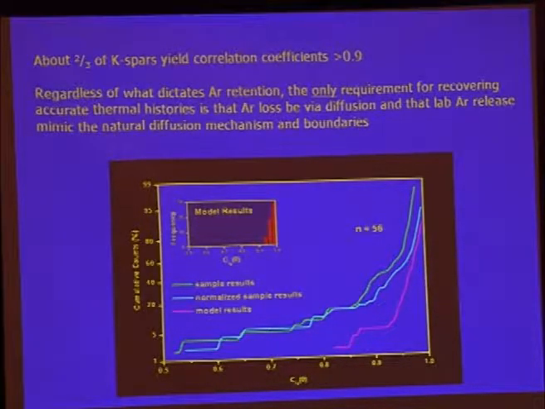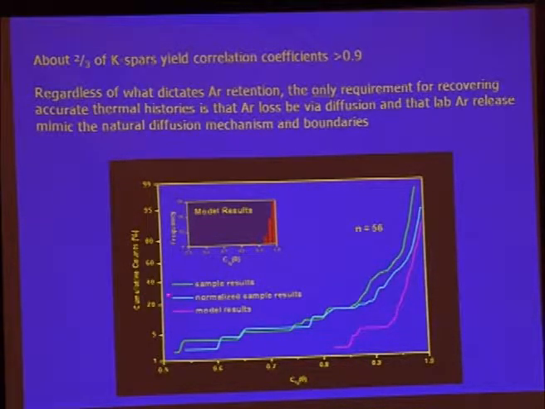When you put them all together, here's a subset of the database. If you look at a cumulative fraction of samples as a function of the correlation coefficient, I won't dwell on this, but what you want to do is look at the cyan line. You can see that about a third of the samples we measure have correlation coefficients below 0.9.